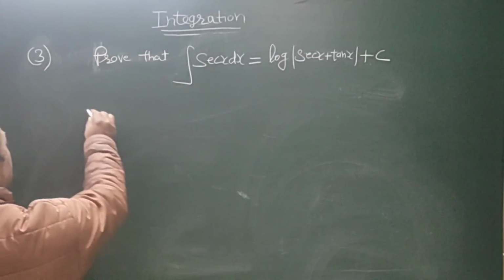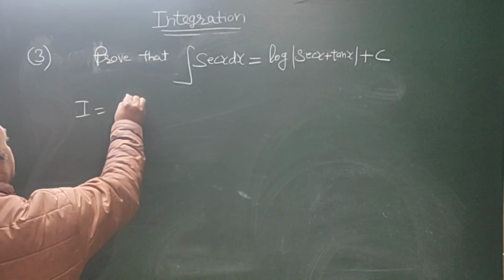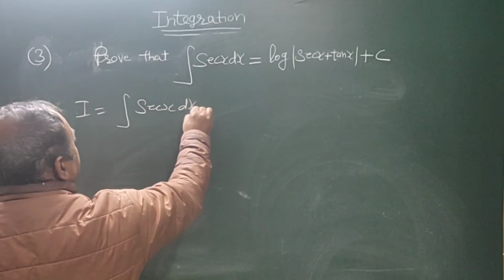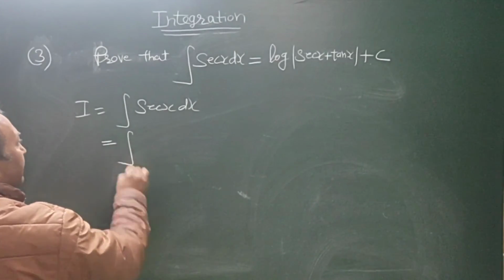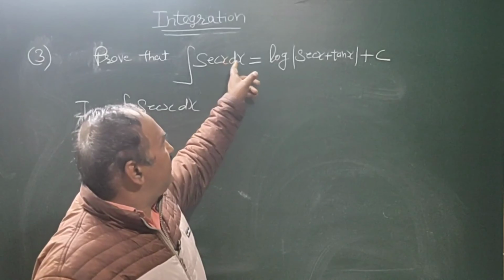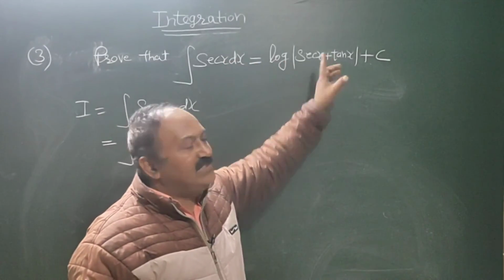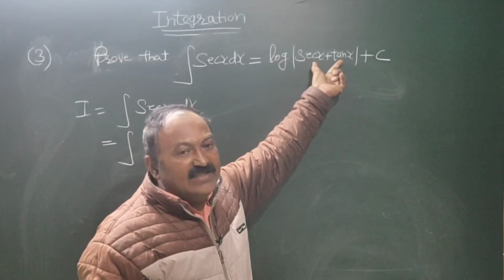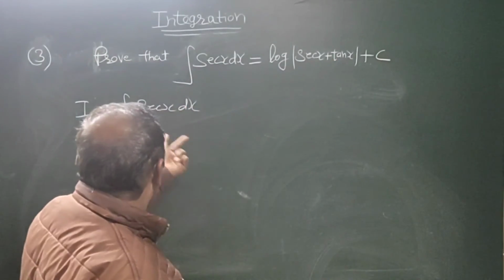Let us prove it. Let I is equal to integration of secant x into dx. Because we need that integration of secant x dx is equal to log of secant x plus tan x, we must have secant x plus tan x in the denominator.